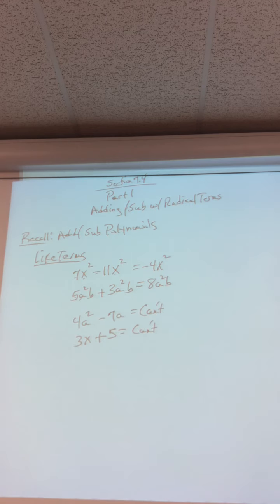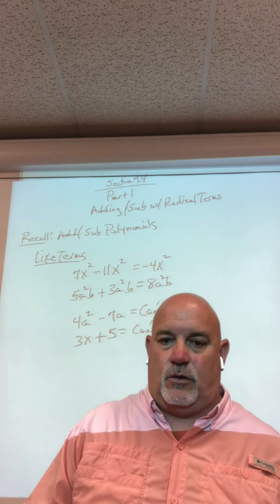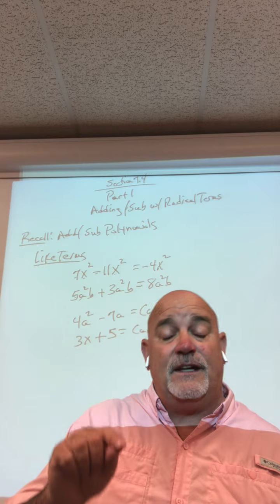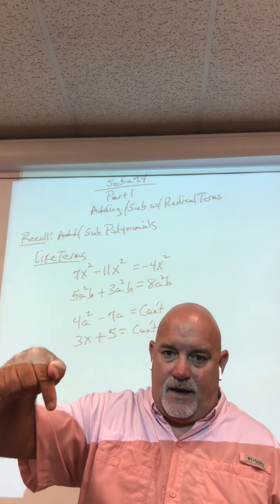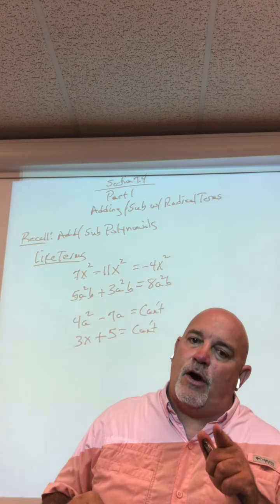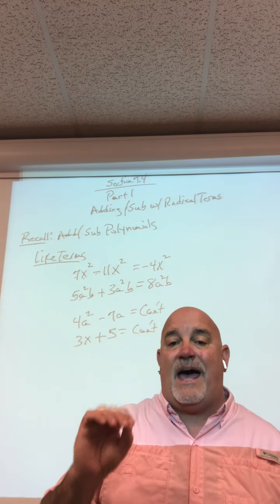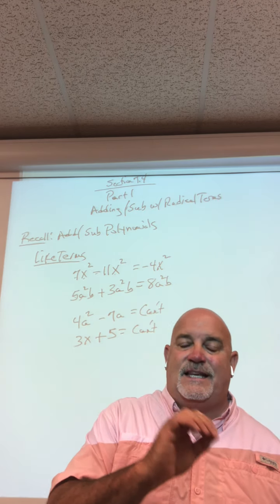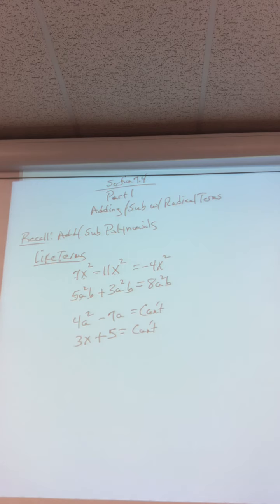Now, let's go now to radicals. Let me talk about first what the coefficient of a radical term is. The coefficient of a radical term is the number that is in front of it. It's not the number under the radical. Remember, what's under the radical is called the radicand, R-A-D-I-C-A-N-D. I showed you that when we first started radicals on videos.